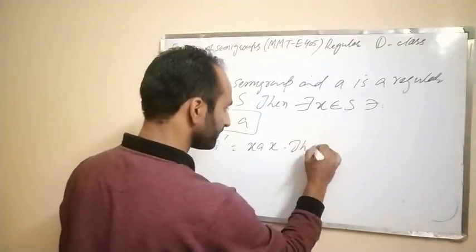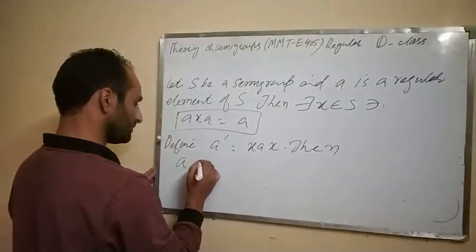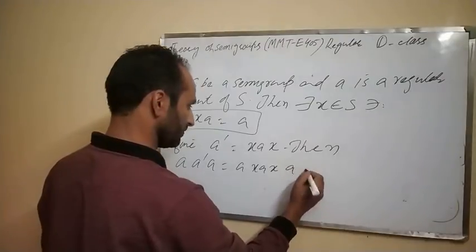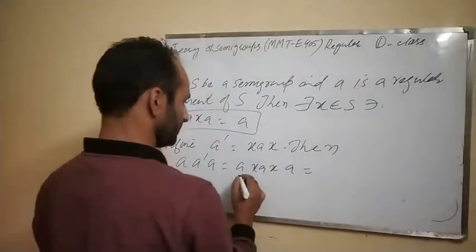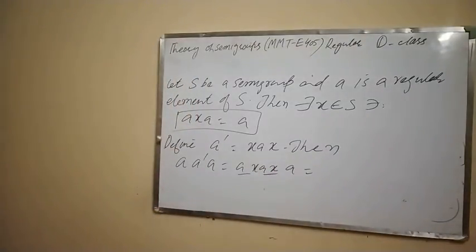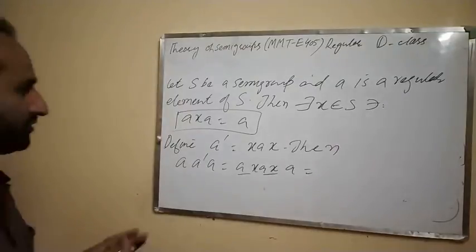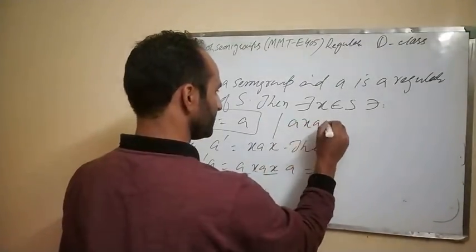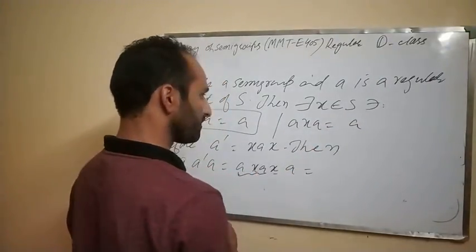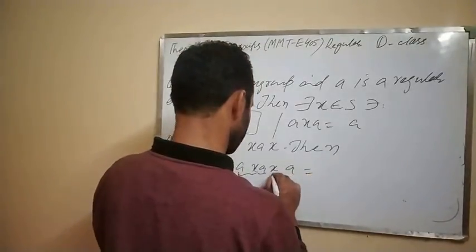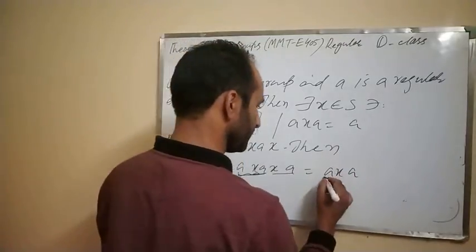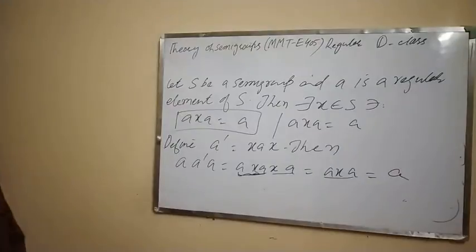Then aa'a = a(xax)a, which is (axa)xa; you can apply axa = a directly here. This equals axa, and now again applying the same equation, this is equal to a. So aa'a = a.